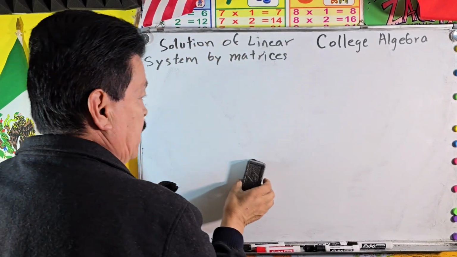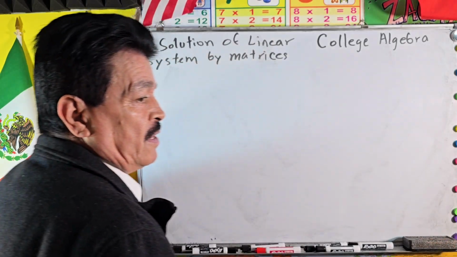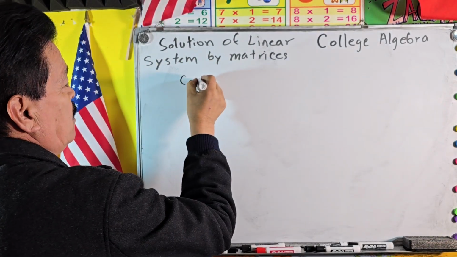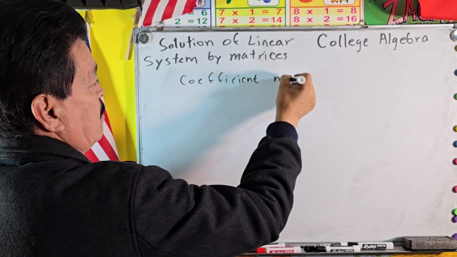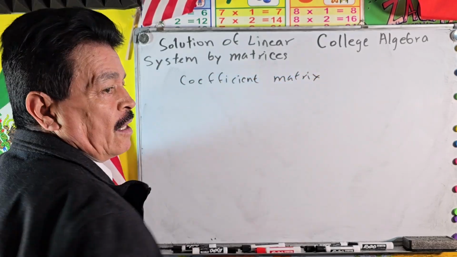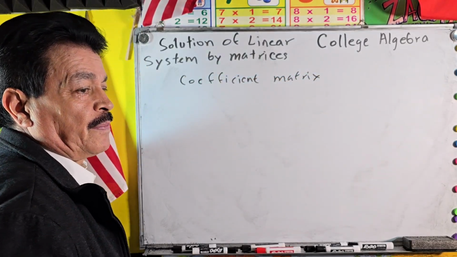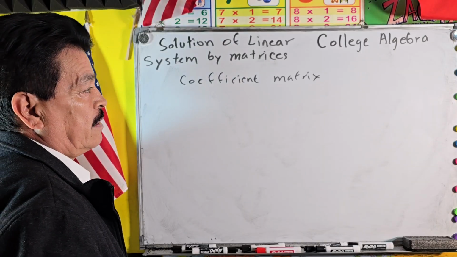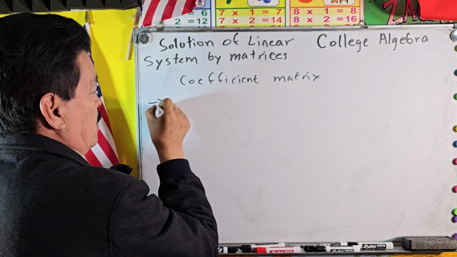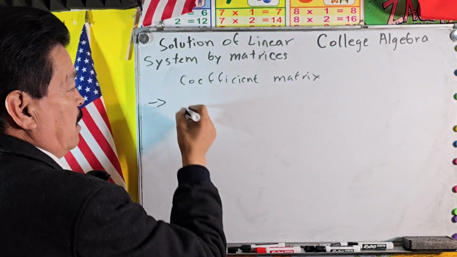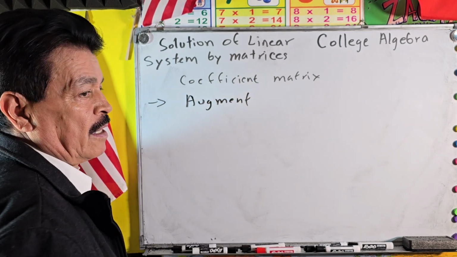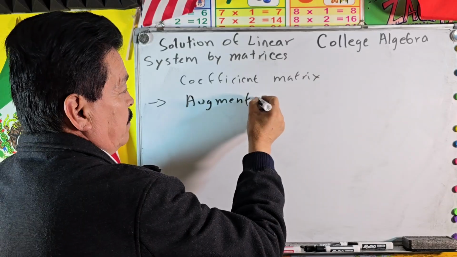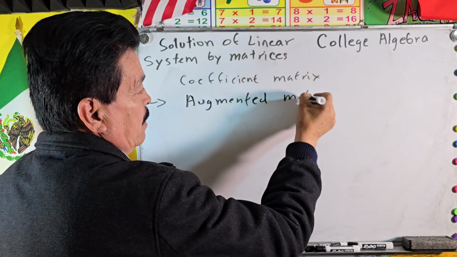The next step is the coefficient matrix, or the augmented matrix.